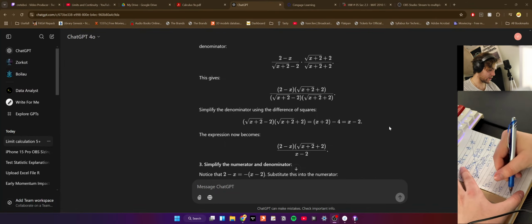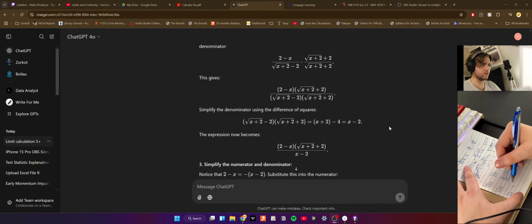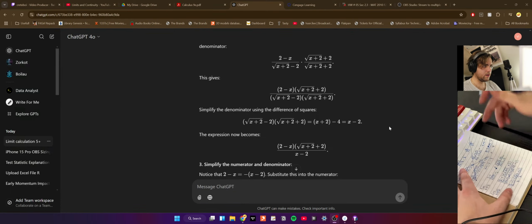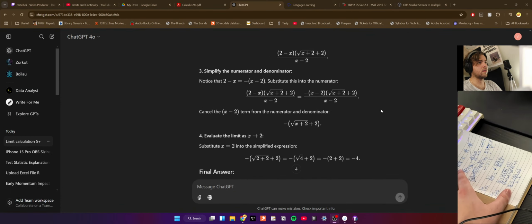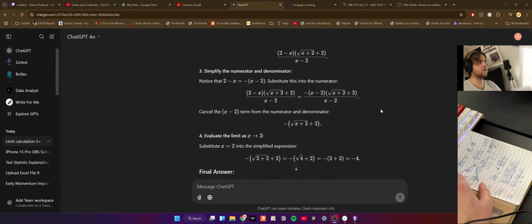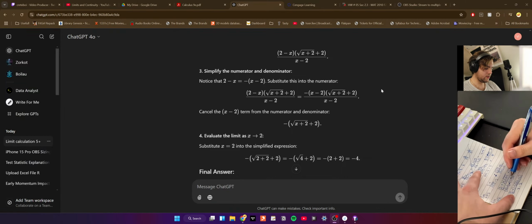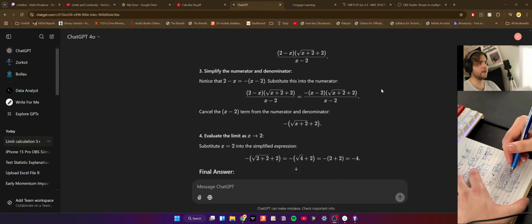So the limit as x approaches 2 is equal to, we're going to keep the top, 2 minus x multiplied by the square root of x plus 2, over x minus 2. Notice that 2 minus x equals negative x minus 2. Yeah, it does.